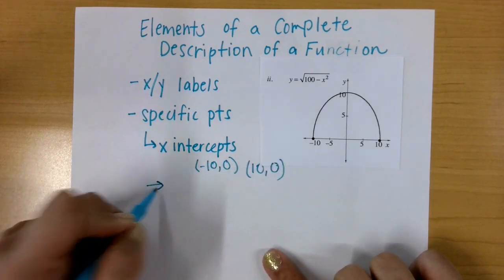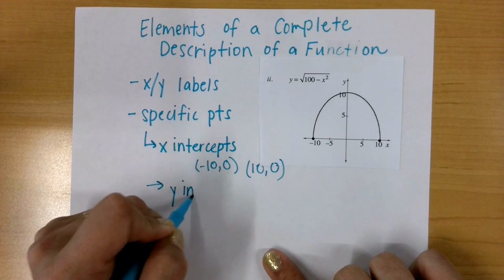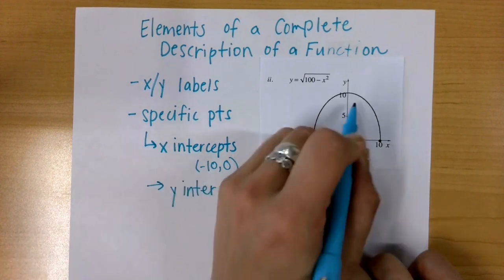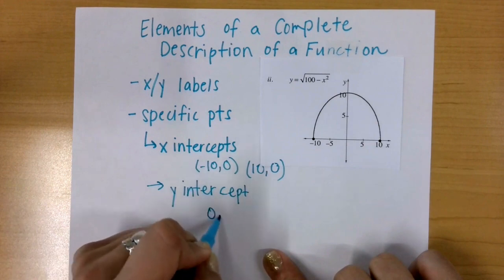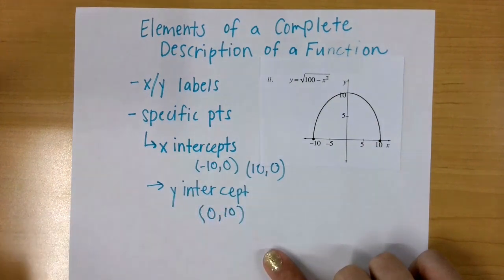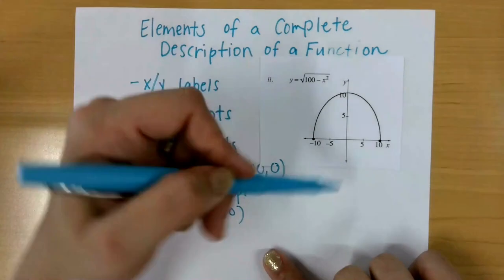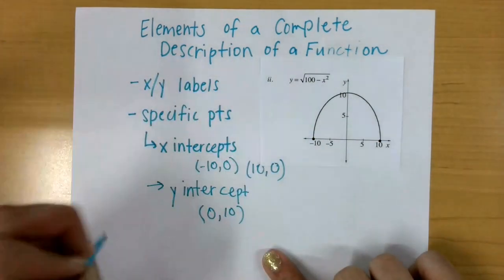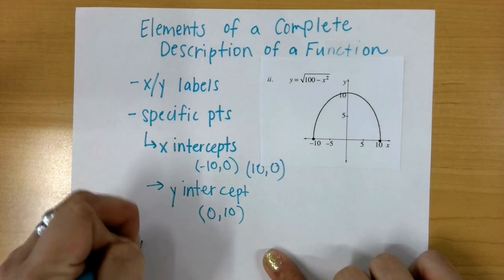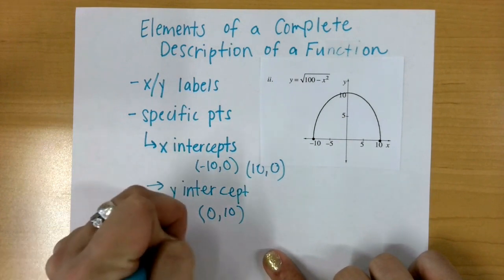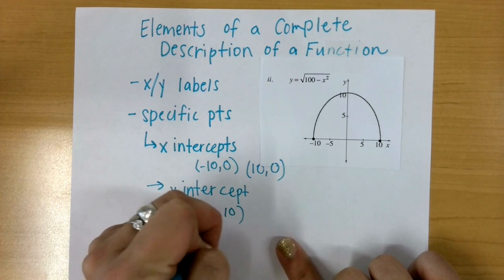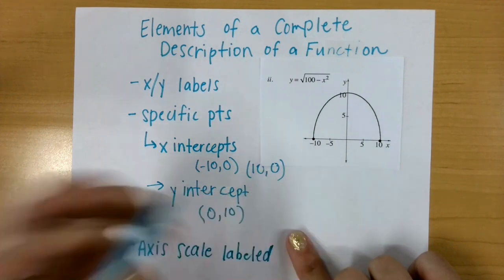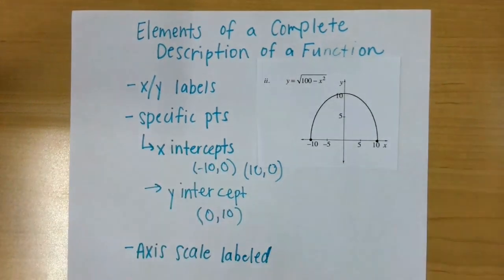I have y-intercepts, or just one, excuse me, y-intercept up here at 0, 10. Okay. I also have a scale on my axis, so this one goes by 5. So I'm going to put my axis scale is labeled because then I can determine what these specific points are.